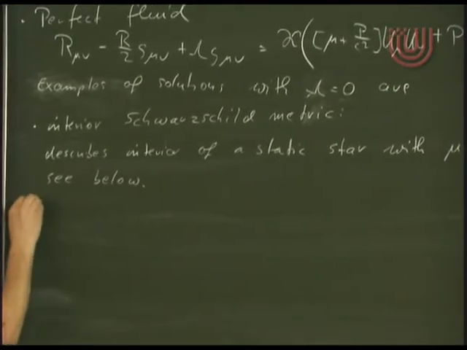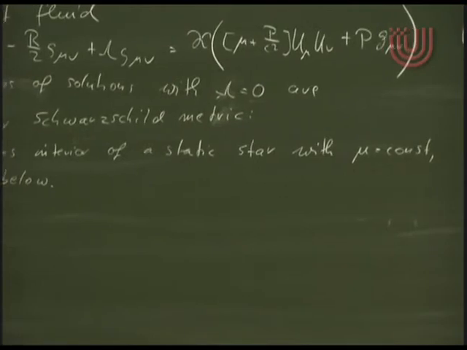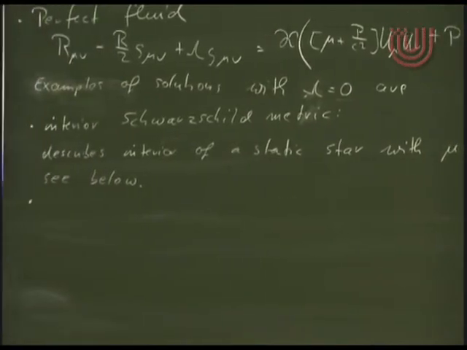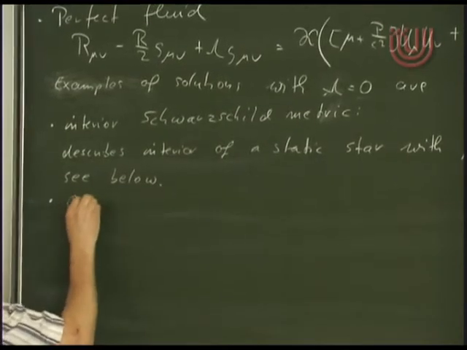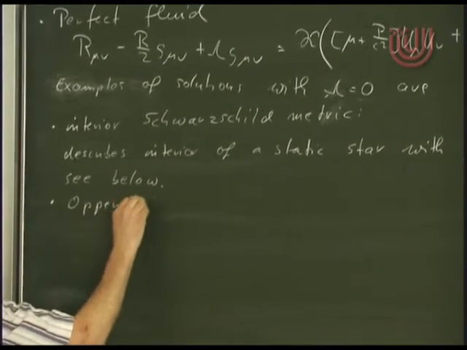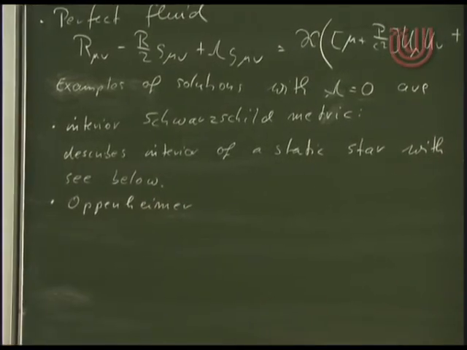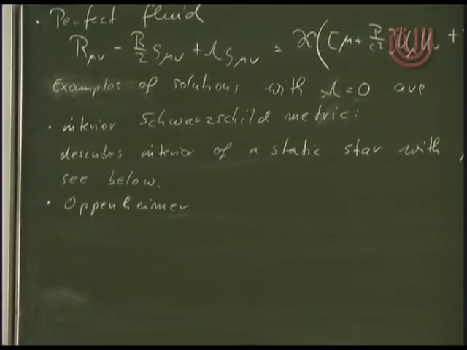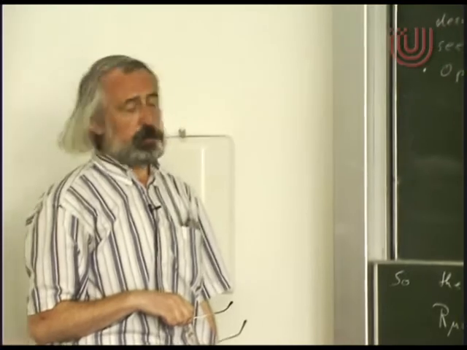Other ones are the so-called Oppenheimer-Snyder solution, this was a metric which Oppenheimer and Snyder worked with. So Oppenheimer, that's the American physicist who is most famous for his role in the Manhattan Project. Yeah, he was the scientific head of the Manhattan Project of building the atomic bombs in the 1940s.